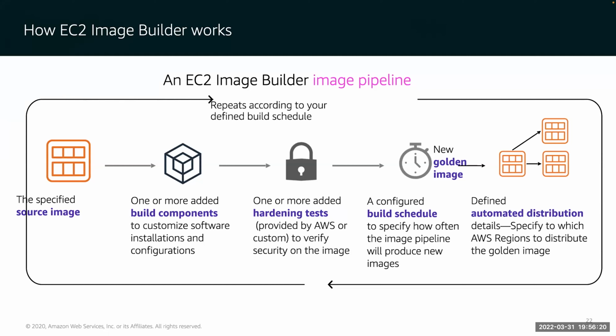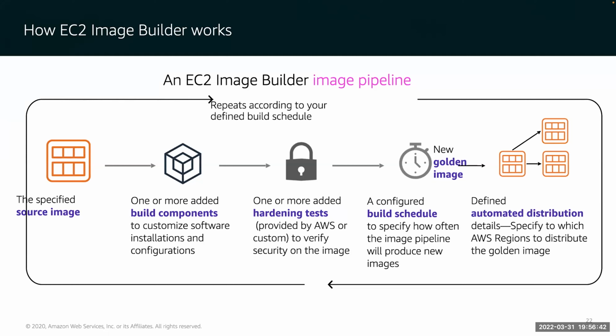When you use the Management Console, you will have a step-by-step wizard. It includes the following steps: identify a source image to build your new image from, and select building component software for installation or customization. So you can choose components like Python, or Node.js, and so on.